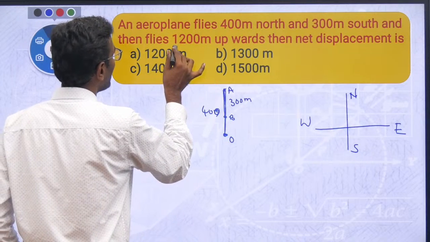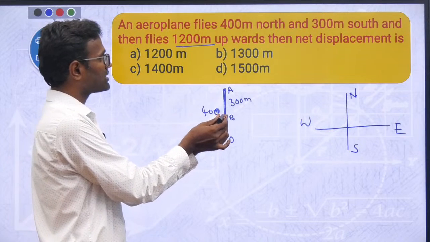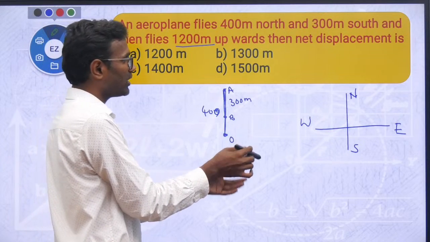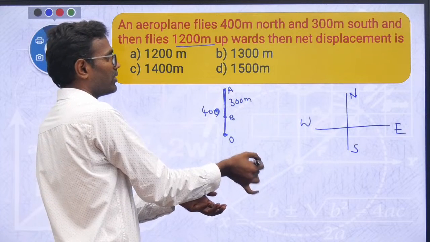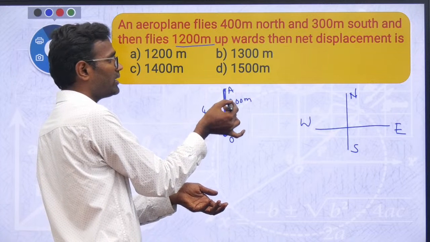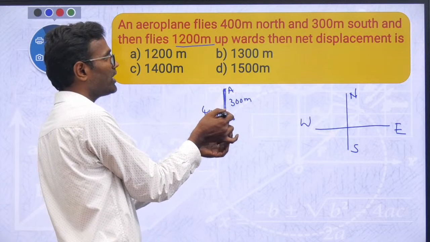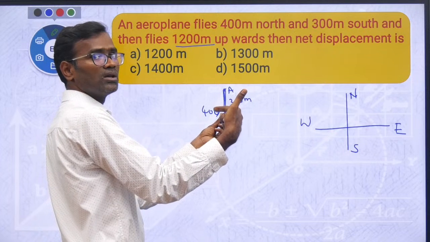Now from B onwards, what it is doing is it flies upwards like this. It moved from here to here, 400 meters, came back to point B, 300 meters, then moves in the upward direction. How much now?